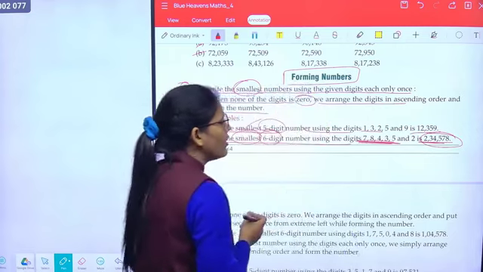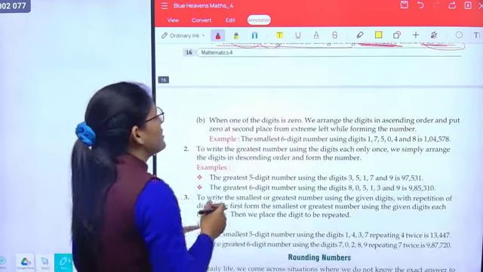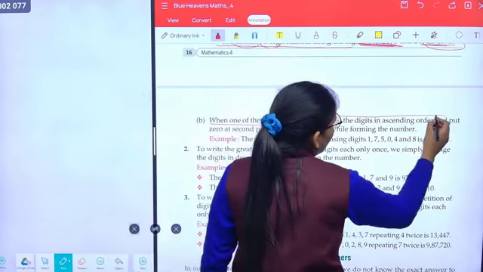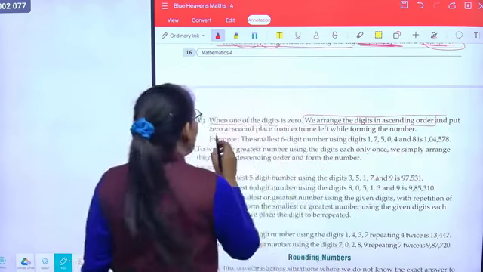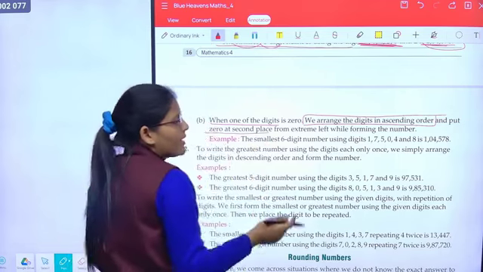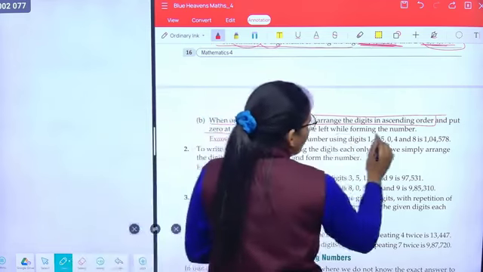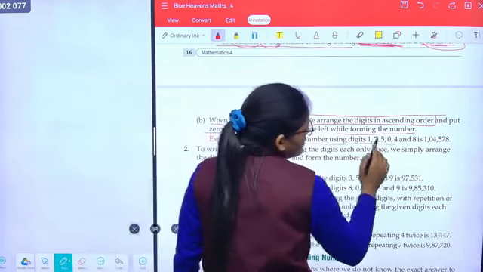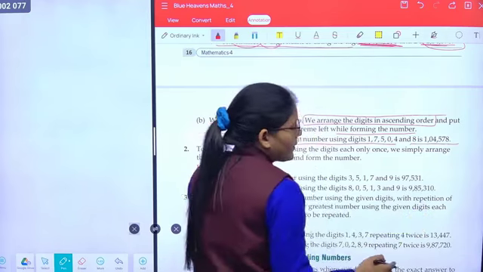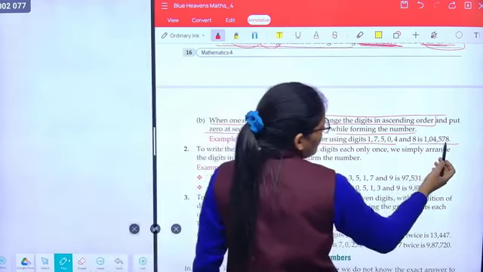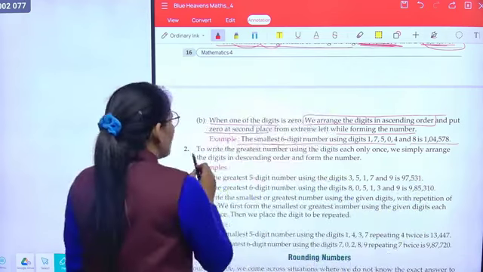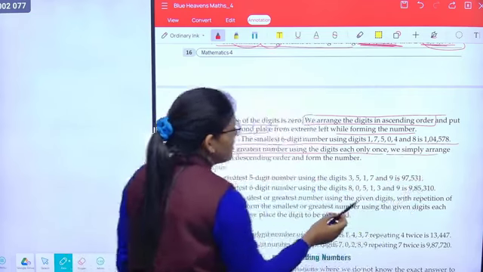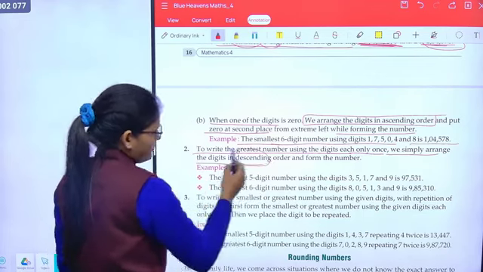We use ascending order. Now when one of the digit is 0, we arrange the digit in ascending order and put 0 at the second place from extreme left while forming the number. See, the smallest 6-digit number using these digits. तो हमने क्या किया है, लेफ्ट में लगाया उसको. 1,04,578. To write the greatest number, using the digits each only once, we simply arrange the digit in descending order.